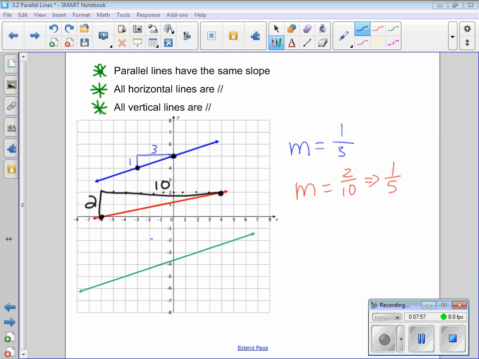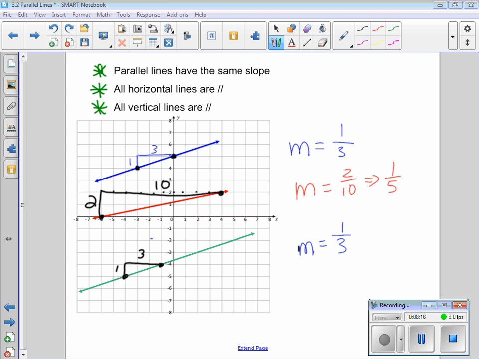Now looking at the green line, again, find 2 points. There's a point right there, and there's another point right there. So let's find the slope of that one. I went up 1 and over 3, so the slope of that one is, again, 1/3.